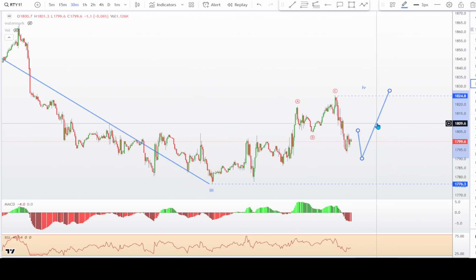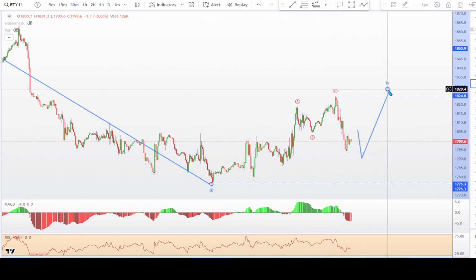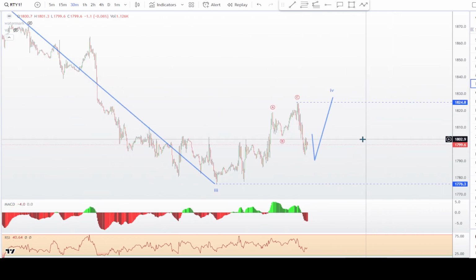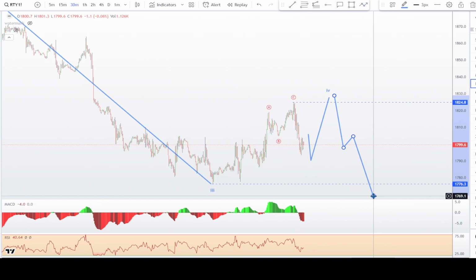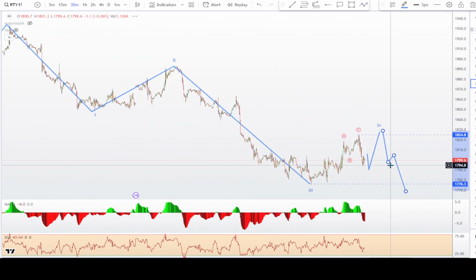So just like the S&P, I think that would be perfect, because then you'd have a nice A, B, C for your 4th wave, and then at some point head down in 3 waves for the 5th and final wave.